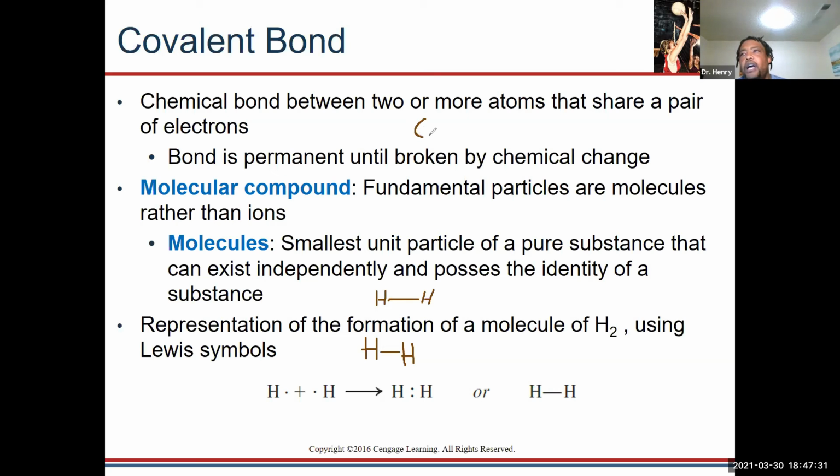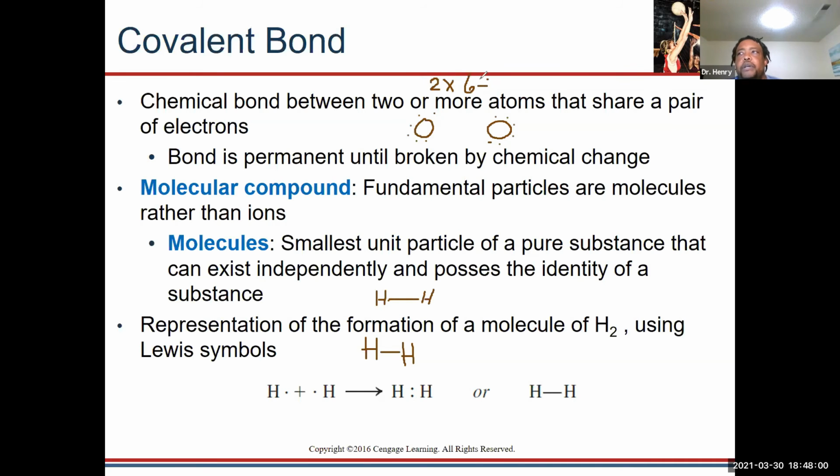Okay, we have oxygen. How many valence electrons does oxygen have? 6. Oxygen has 6 valence electrons. So in this case, we need to find a way of bringing these guys together so that each oxygen has 8 electrons around it. You told me oxygen has 6 valence electrons, 2 times 6, 12.